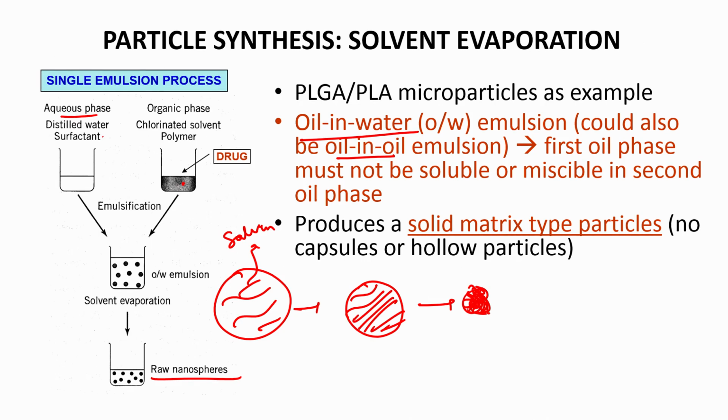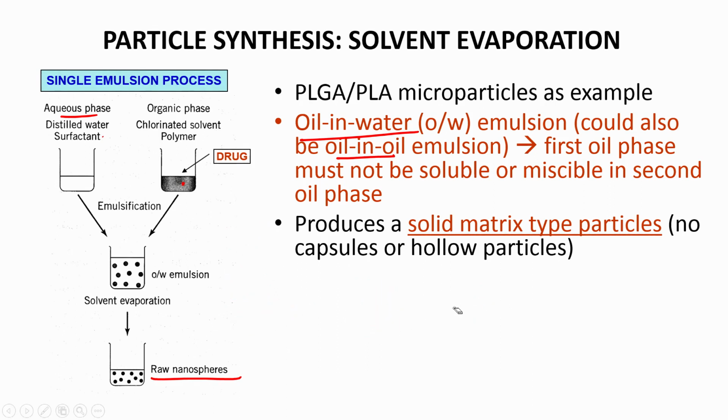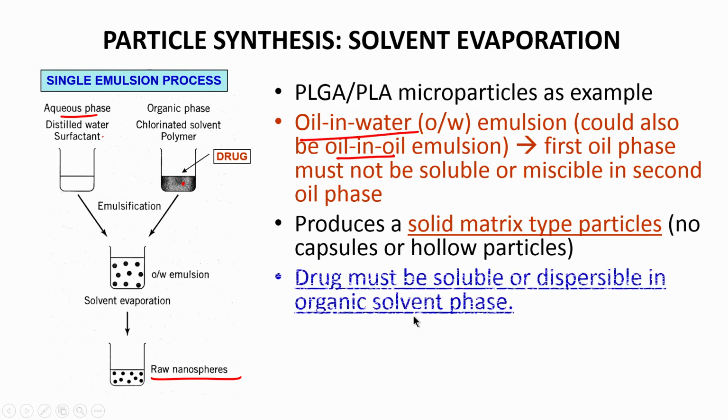There is no capsule or hollow particles here, these are all solid matrix that are formed. So this process will result in a matrix type particle, not a hollow or a capsule. The drug must be soluble and dispersible in the organic solvent phase. That is why I said it is used for hydrophobic drugs. If the drug is not soluble here, then it can't really go in. Only if the drug is soluble here, it will also be present in these droplets.